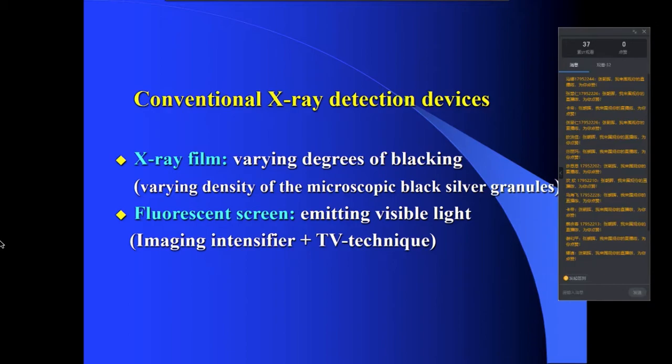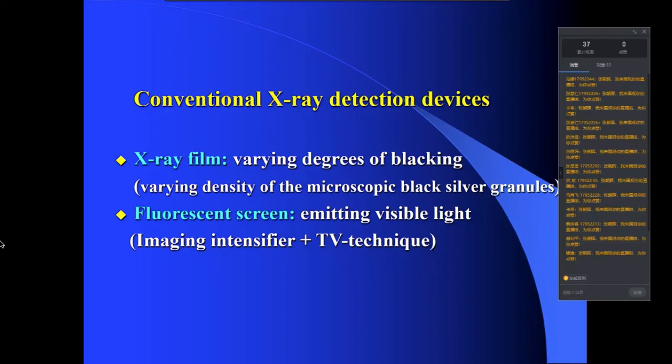It's opposed to stepwise. On X-ray film, images of exam subjects appear as shadows of varying degrees of blackening, which is determined by the density of deposited microscopic black silver grains.